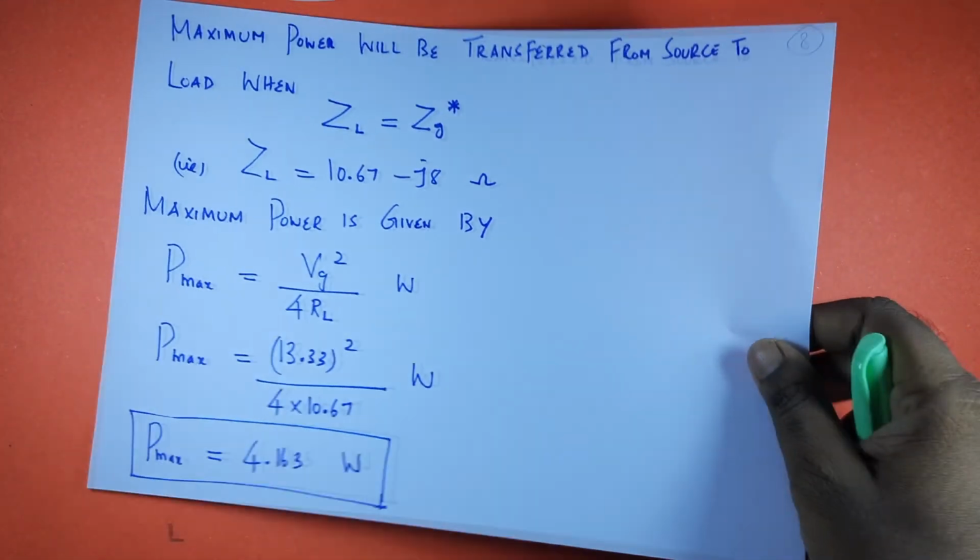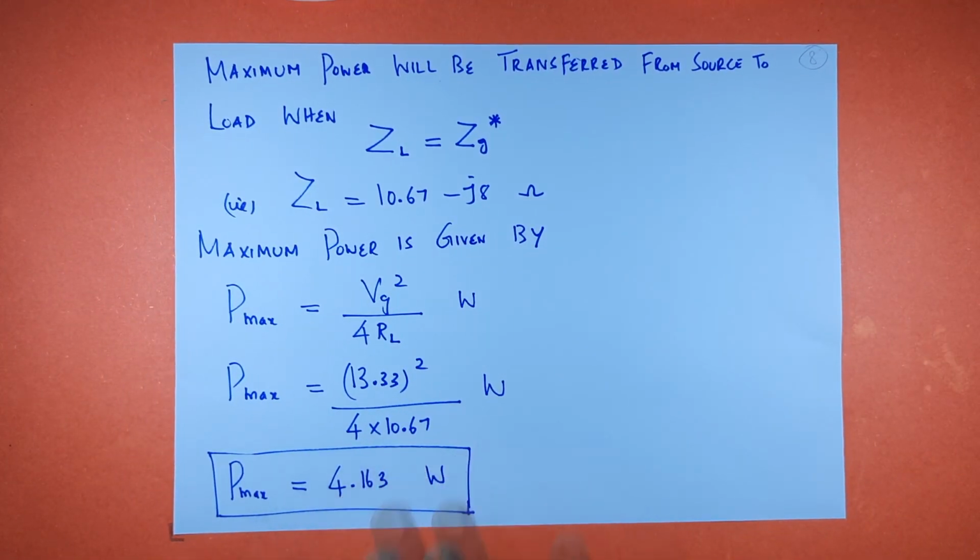So according to the maximum power transfer theorem, maximum power will be transferred from source to load when ZL equal to the complex conjugate of Zg. Okay. So ZL and Zg must be complex conjugates, right? So Zg we already found out. So ZL will be the complex conjugate of Zg.